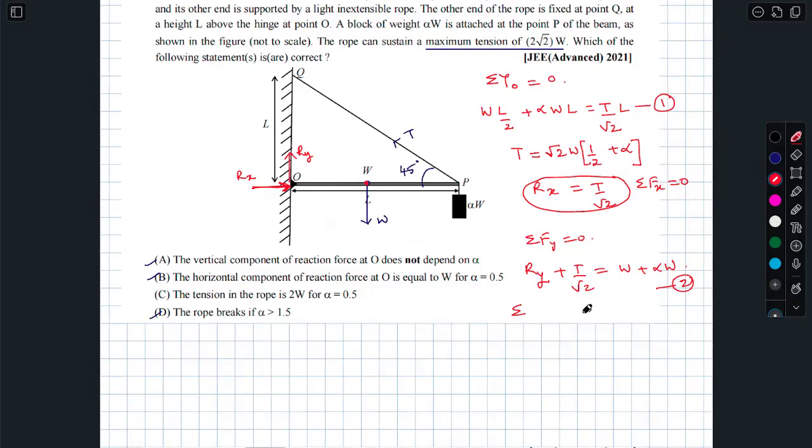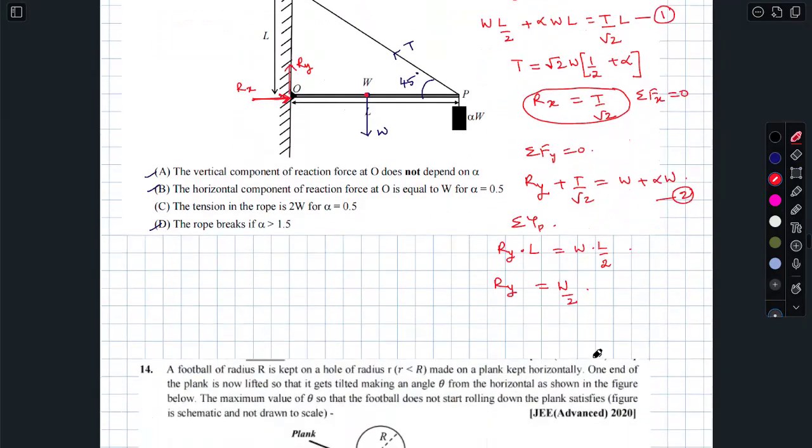Alpha W is an unknown. So torque about P: Ry times L is equal to W times L by 2. Agreed? So clearly, Ry is W by 2.